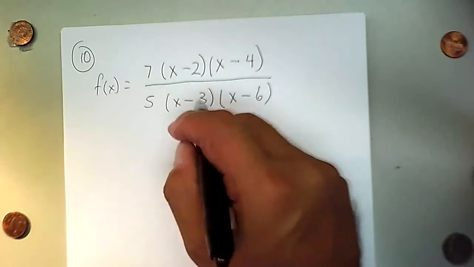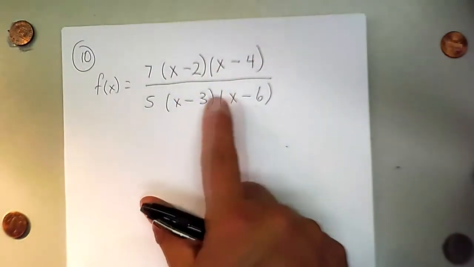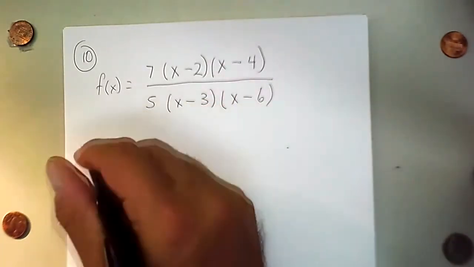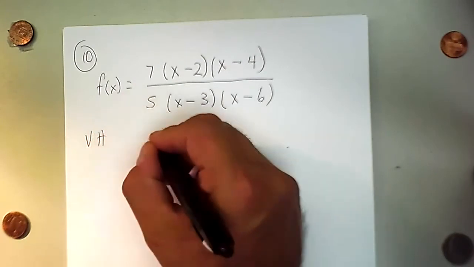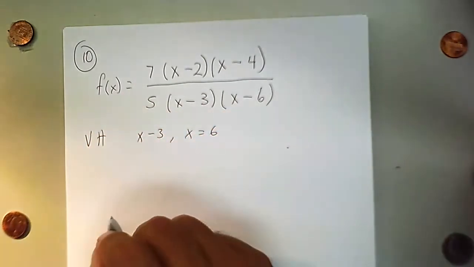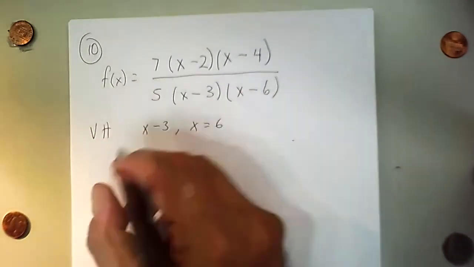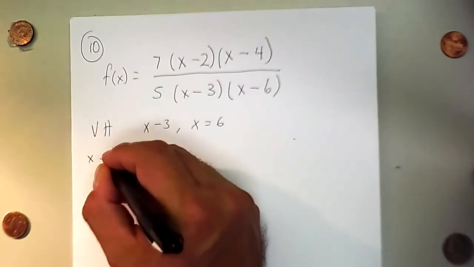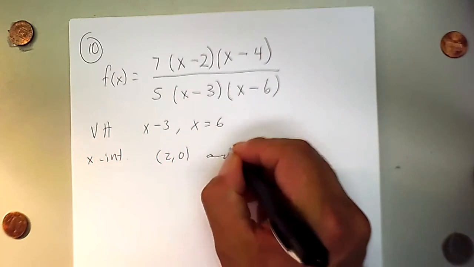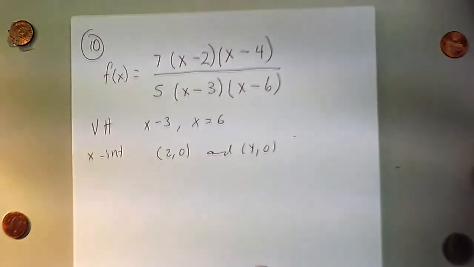I don't want to repeat numbers so that we don't get confused. Okay. Vertical asymptotes, x equals 3, x equals 6. X-intercepts 2 and 4. I didn't write them before, but let's write them: 2, 0, and 4, 0, coming from those two.